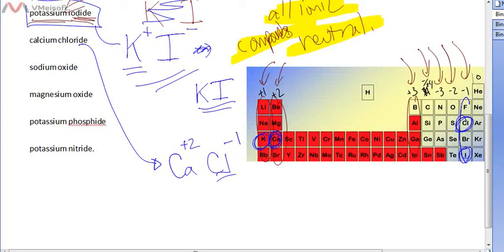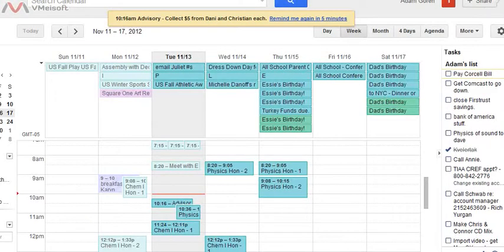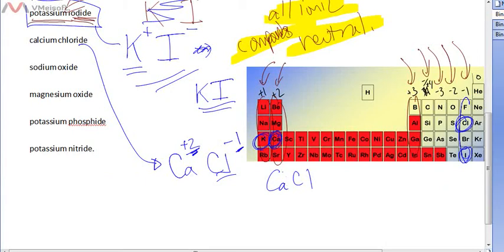What's happening here? If this were the formula, that is CaCl, what would the charge on that be? Since this has a +2 charge and this has a -1 charge, then that would have a net positive charge. We know that that's not true. So what does that mean?